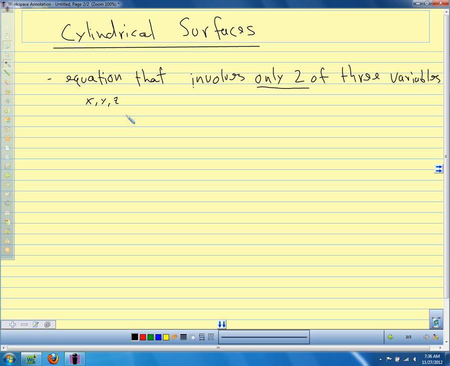So we have an equation that involves only two of the three variables x, y, z, and the graph of the equation in a coordinate plane is called the generating curve.